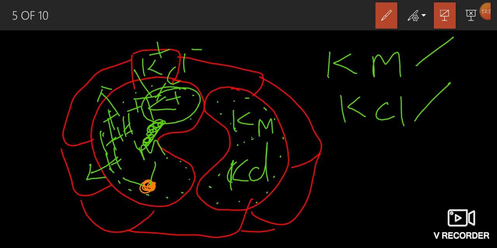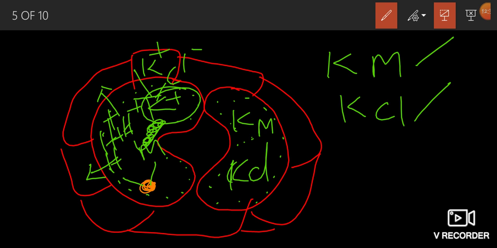Water potential means the free energy, the kinetic energy, of water molecules. When potassium malate and potassium chloride bind the water molecules, the water potential in guard cells decreases.